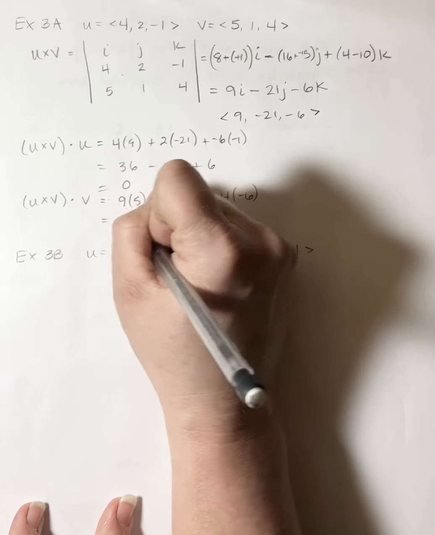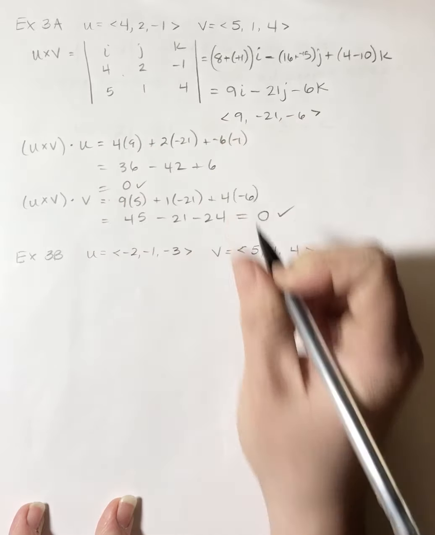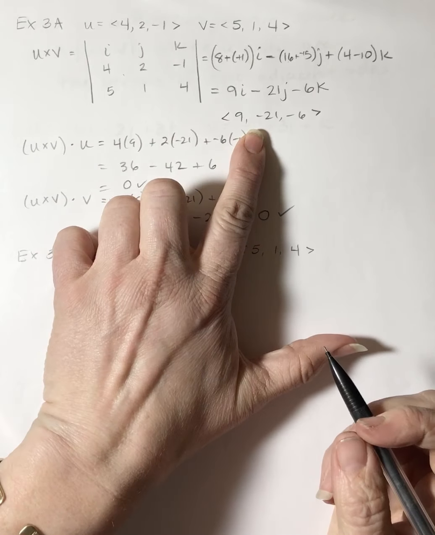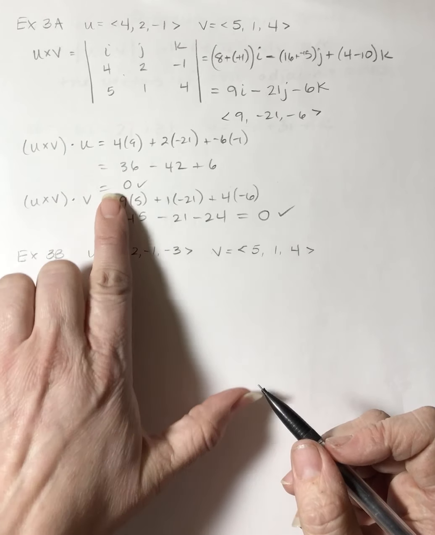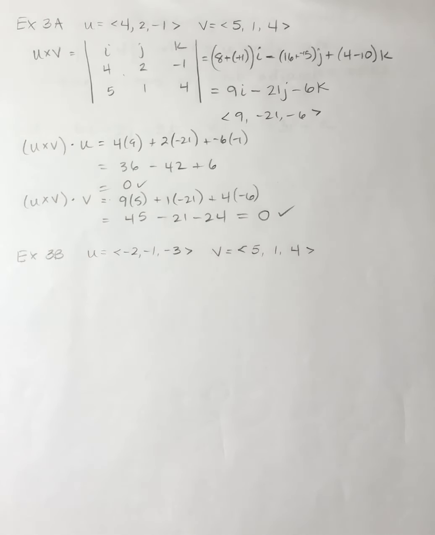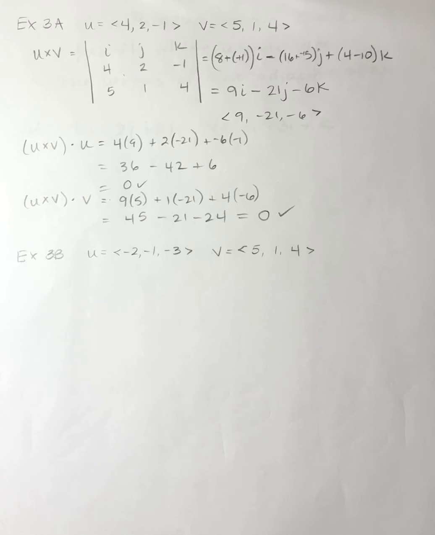So I have 45 minus 21 minus 24, which again is 0. And so I found the cross product, and then I showed that the dot product with u and the dot product with v is 0, which means that I am showing or proving that this is orthogonal to my 2 original vectors, which is what it's supposed to do.